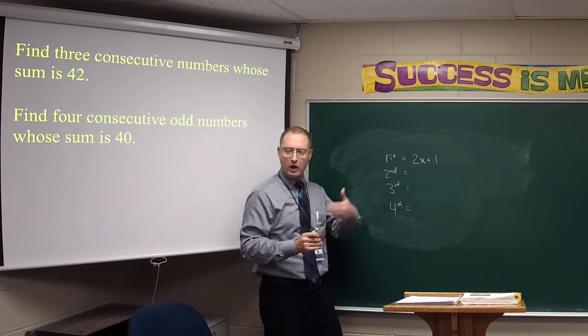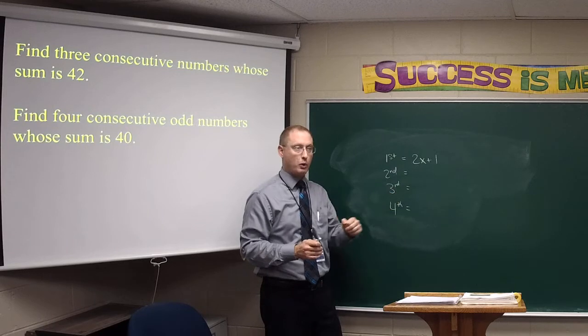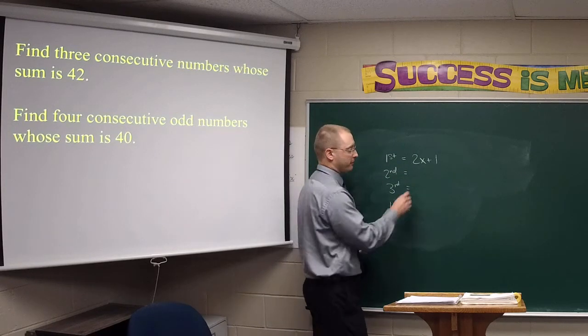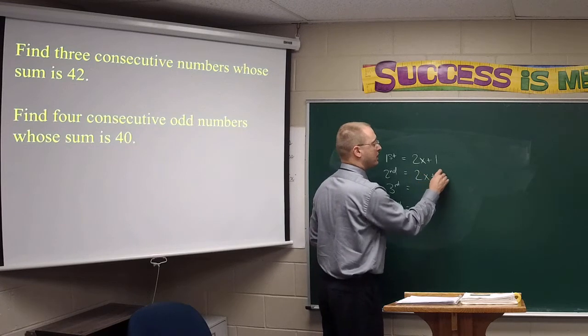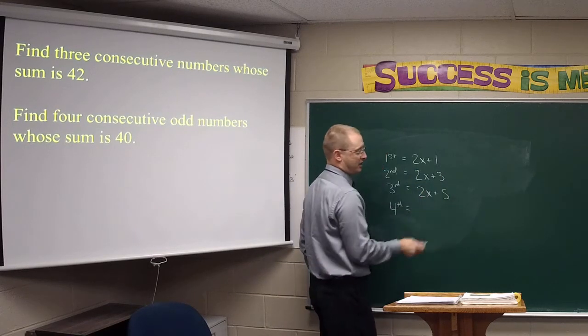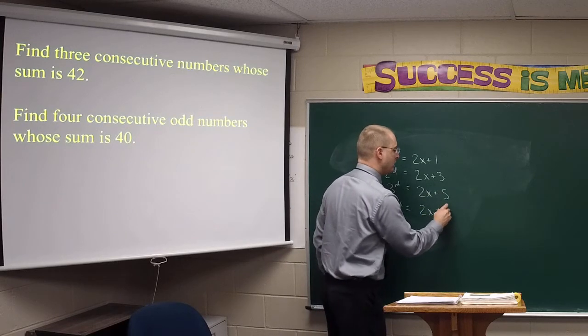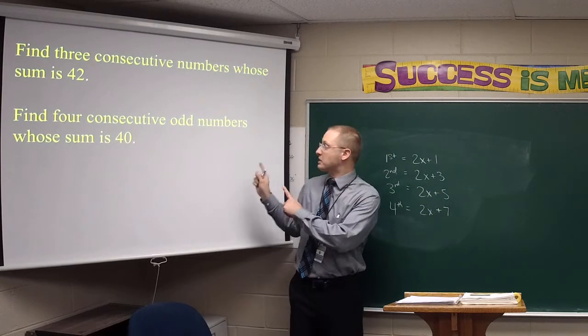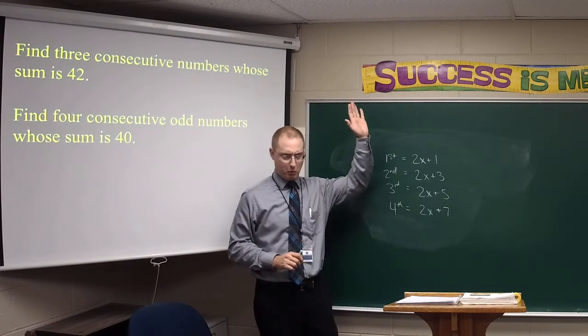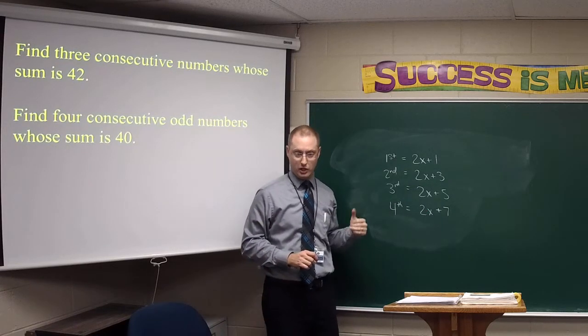What are we doing to go from one odd to the next? We're adding 2. So if I added 2 to 2x plus 1, what would I have? 2x plus 3. What about the next odd number? And you realize you could keep going for a while, but in this problem I specifically need 4 consecutive odd numbers. How many remember this from Algebra 1? All right, questions on this?